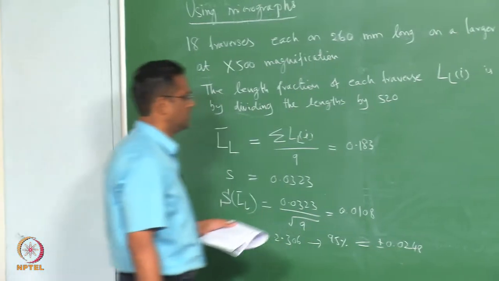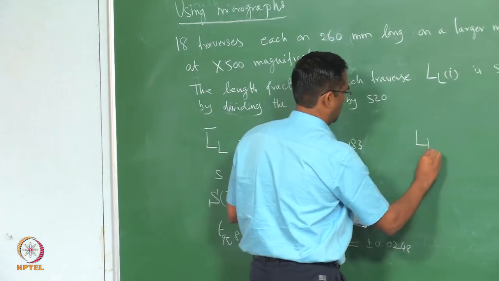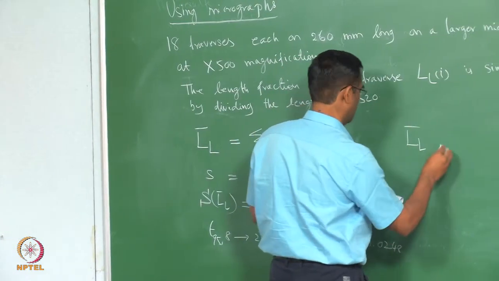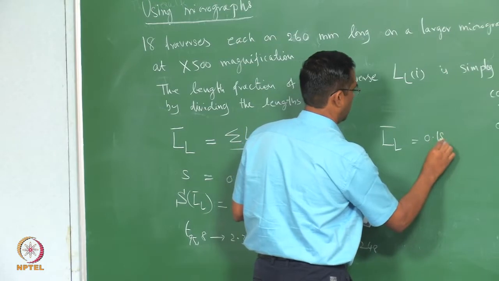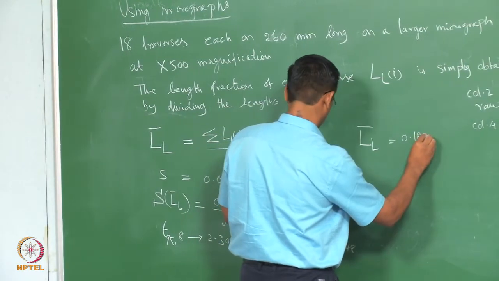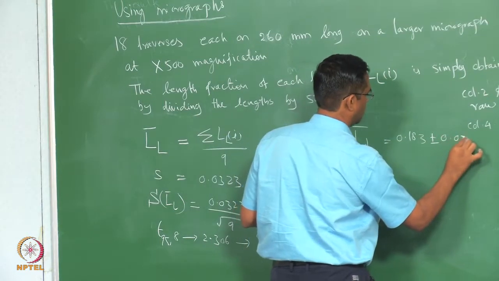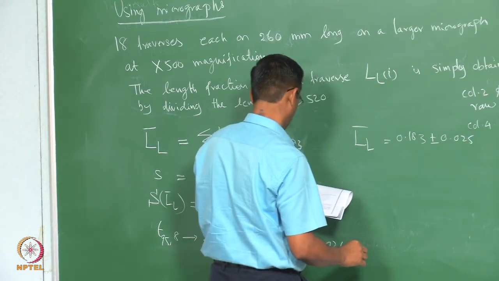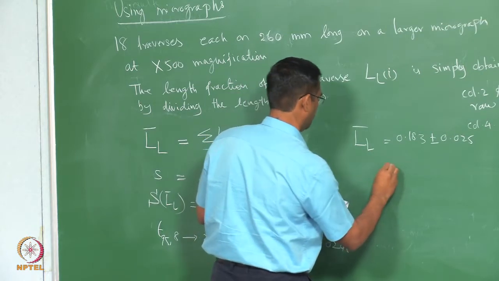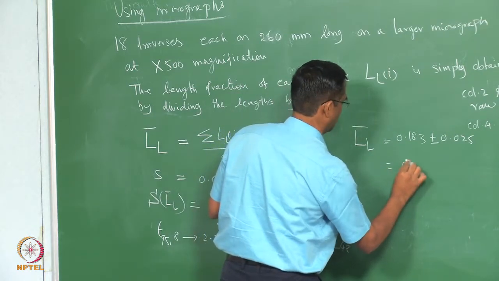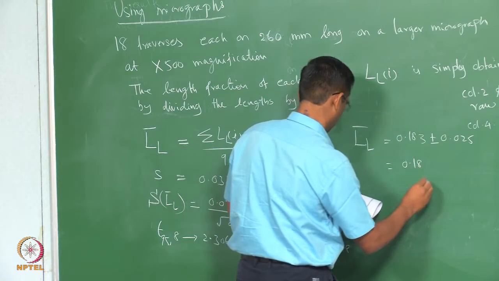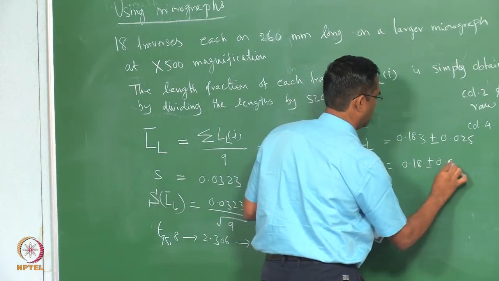Now, we can present the result, LL bar 0.183 plus or minus 0.025, which may be rounded off to 0.18 plus or minus 0.02.